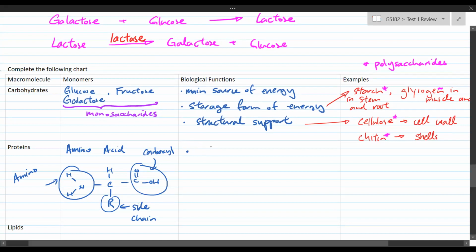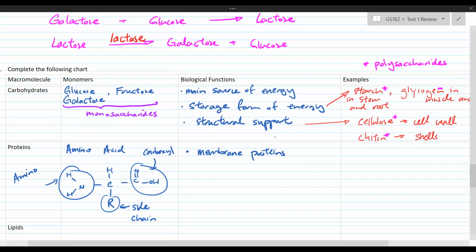Biological functions, we have lots. For example, they form membrane proteins, which play a role in structural integrity, transport. Well, we have 6 of them, remember?